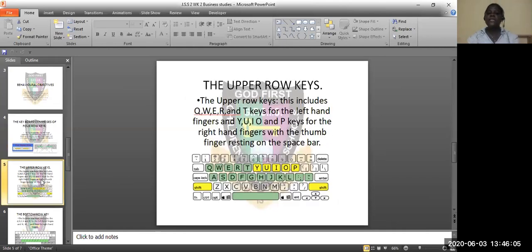The next one is upper row key. For the upper row key, you still go back to the keyboard on your computer system. Look at the upper line of the home row key.